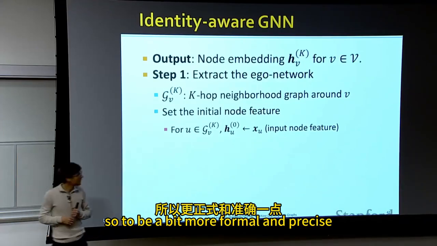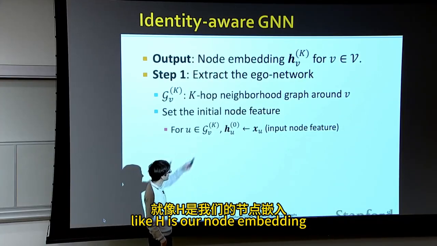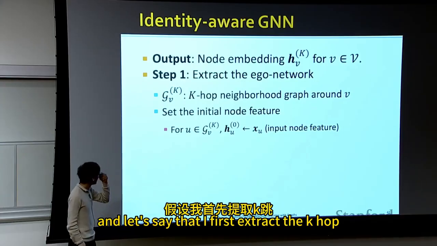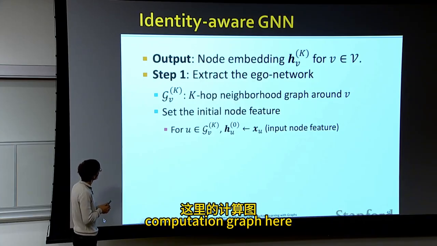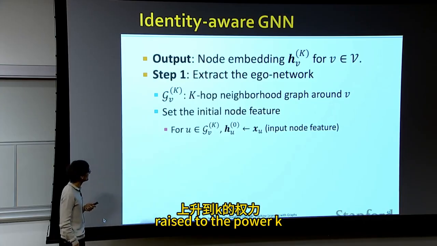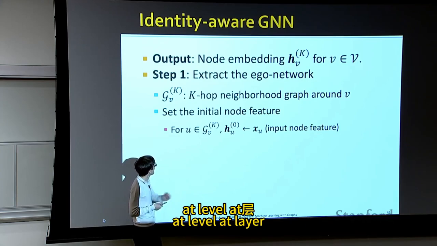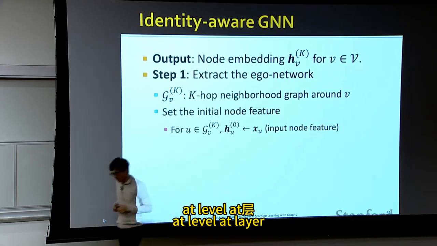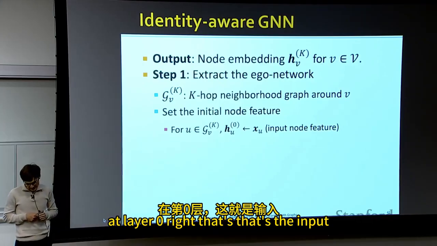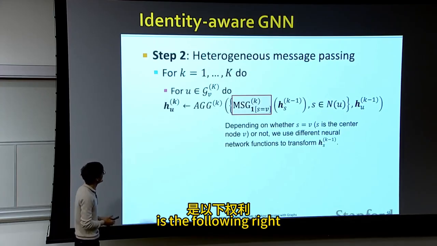To be a bit more formal and precise, H is our node embedding, and let's say that I first extract the k-hop computation graph. Here I'll label it G raised to the power k, and then I'm given the initial node features at layer 0, right? That's the input. And now the way my aggregation is going to go is the following.